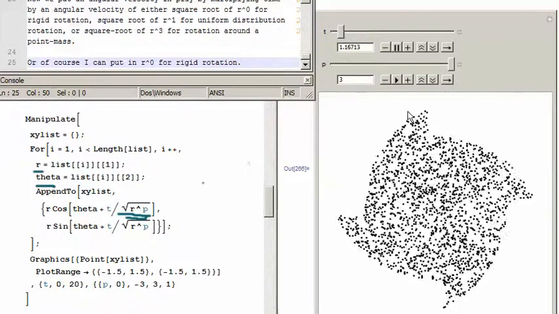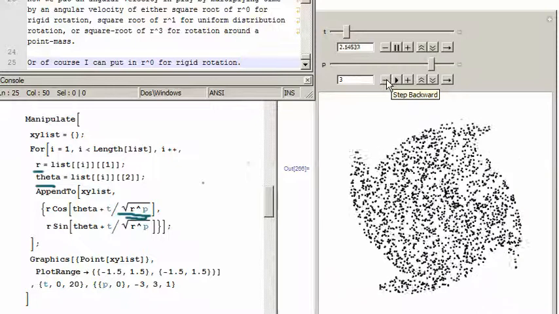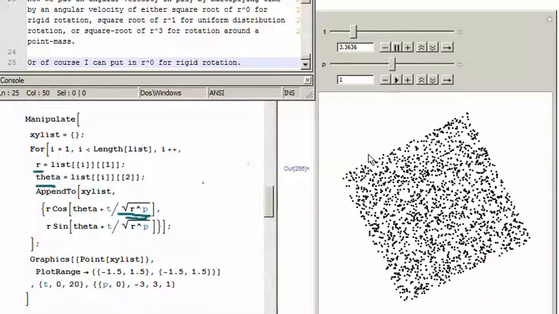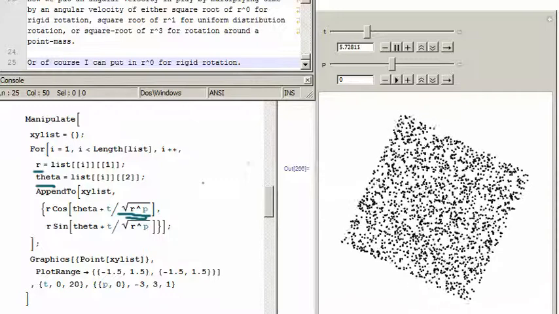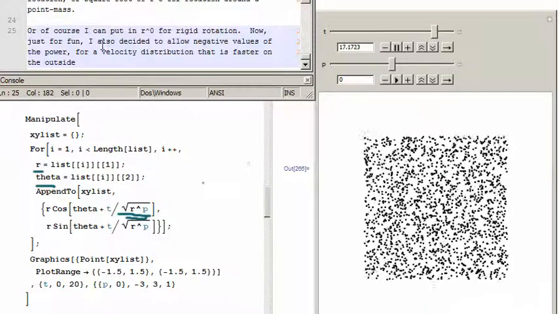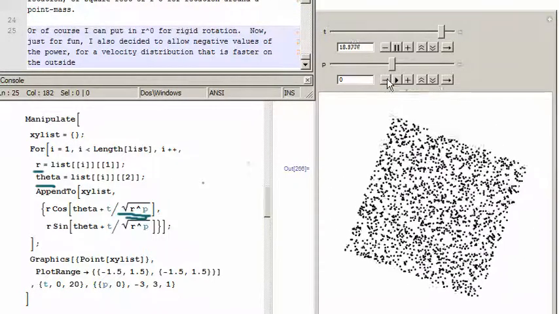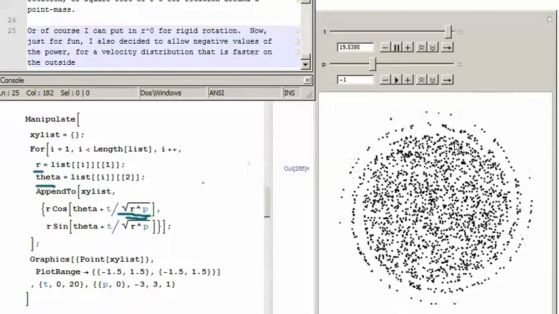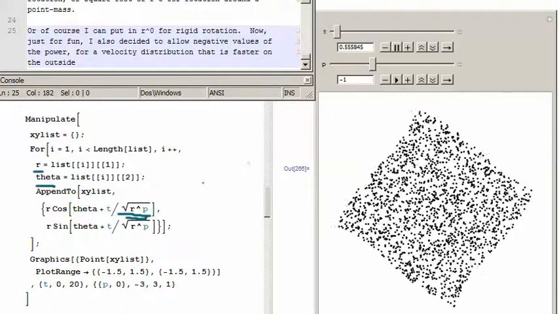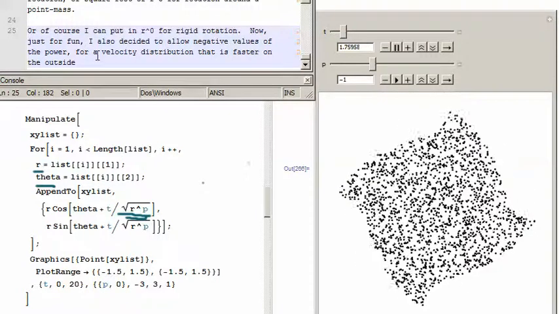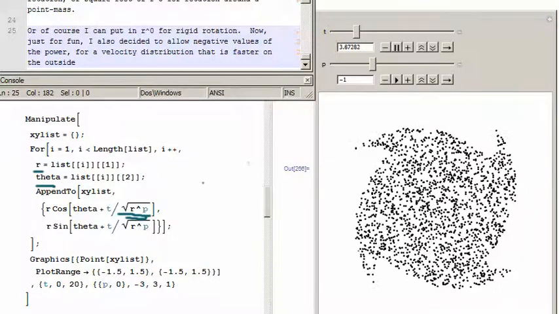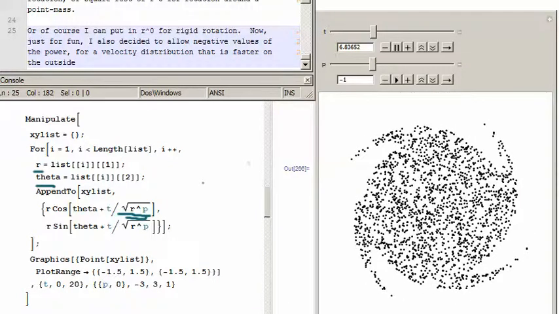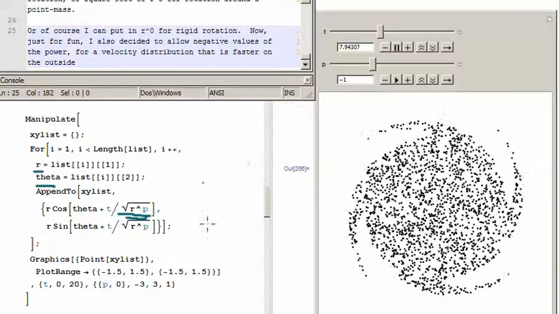Or, of course, I can put in r to the 0 for rigid rotation. Then, just for fun, I allowed for negative values of the power so we could see negative velocity distributions, where the velocity distribution is faster on the outside. I think that's all I have to say.